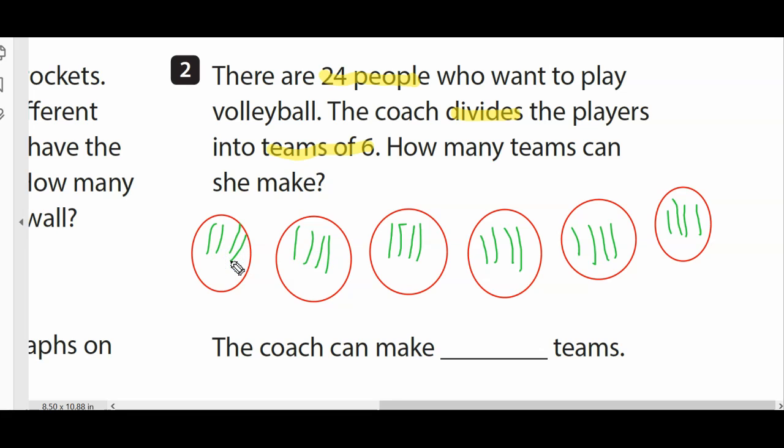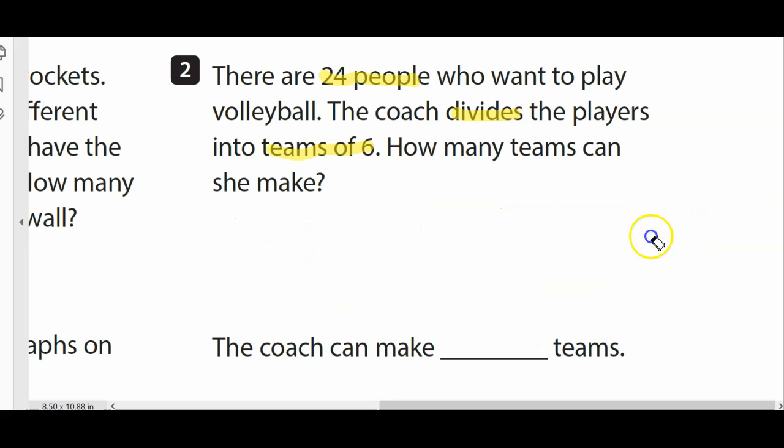The coach can make, actually, hold on, give me a second. My bad. Hold on. He wants to put how many players on each team?